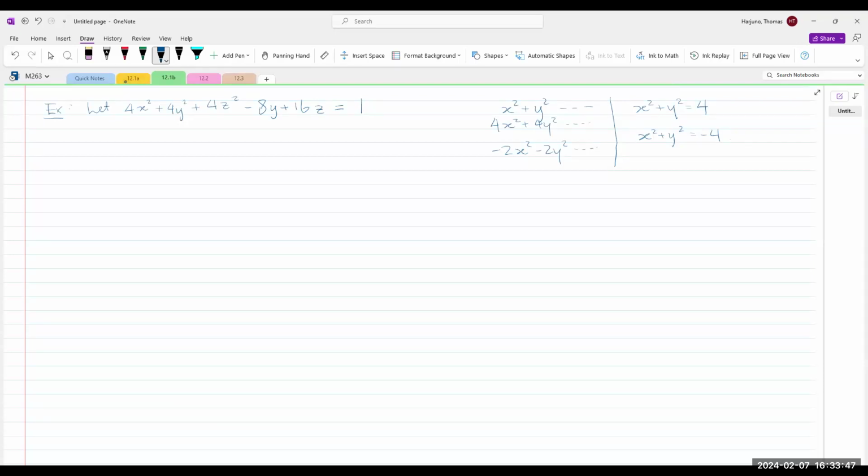But in general, if it satisfies certain conditions, then it will give us the equation of a circle. Now, the one we have here will give us the equation of a sphere. If this is the equation of a sphere, how do we find the center and the radius?